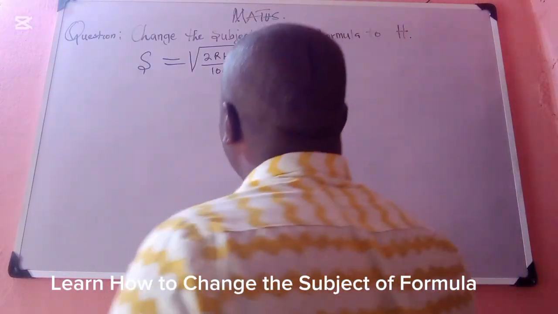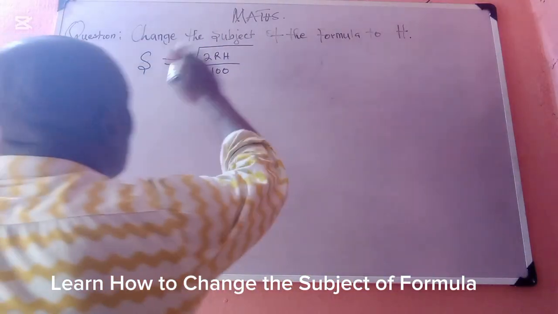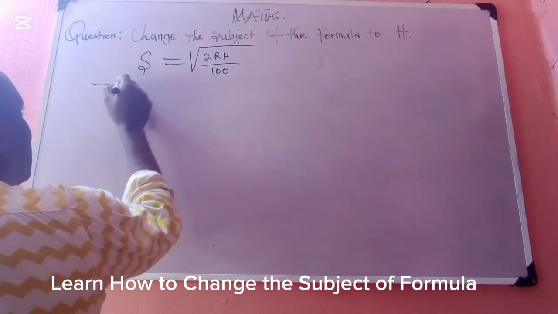At this moment, let's start. The first thing we need to do is to take the square of both sides.